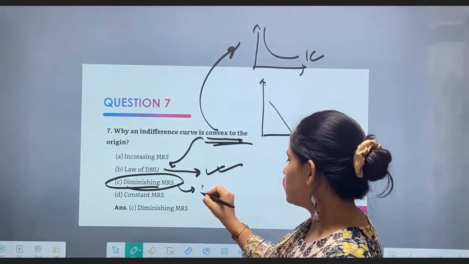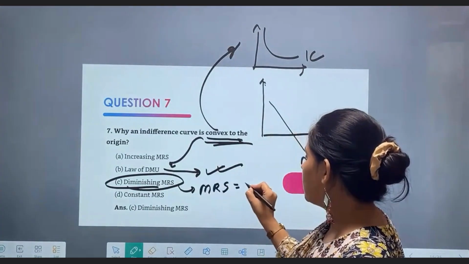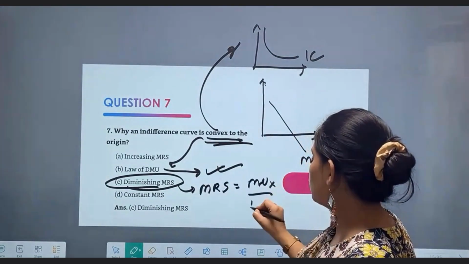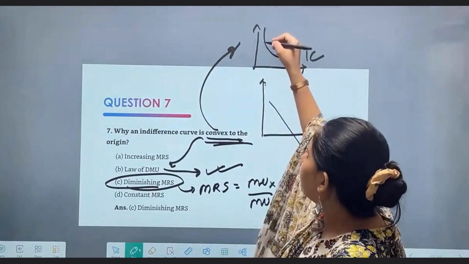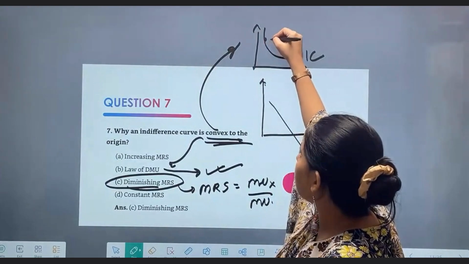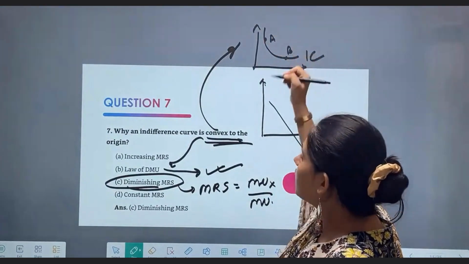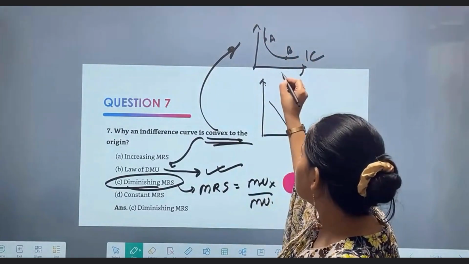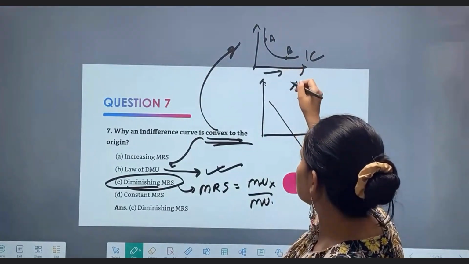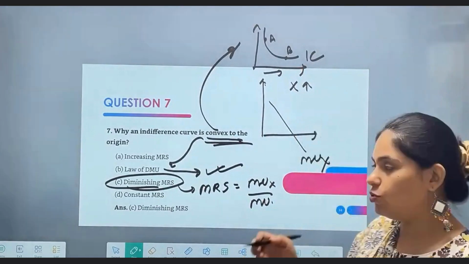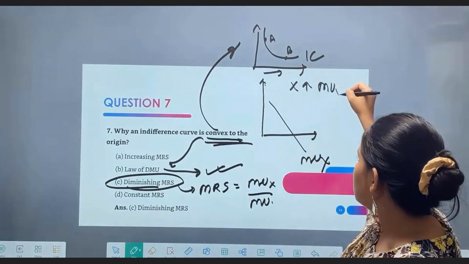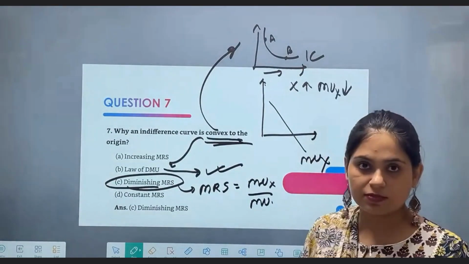So what is MRS? MRS is MUX by MUY. Now when you move from point A to point B, you are increasing the consumption of good X. When you increase the consumption of a good, its marginal utility should decline.